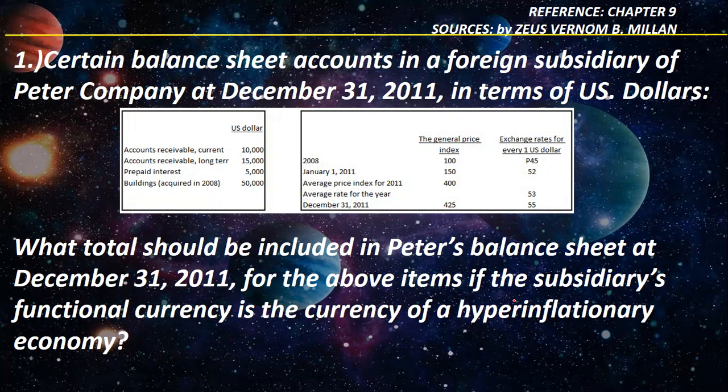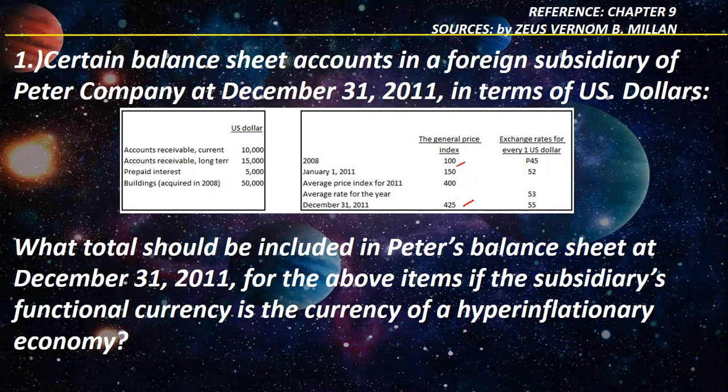One indicator is the cumulative inflation, which is easy to compute. How do we identify if it exceeds 100% cumulative inflation? Just take a look at the general price index. From 2008, we have 100, and December 31, 2011 is 425. There's a huge increase in the general price index.